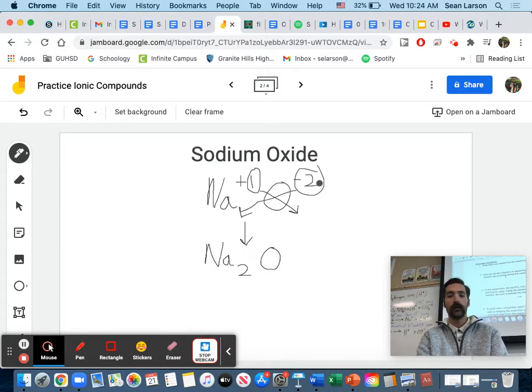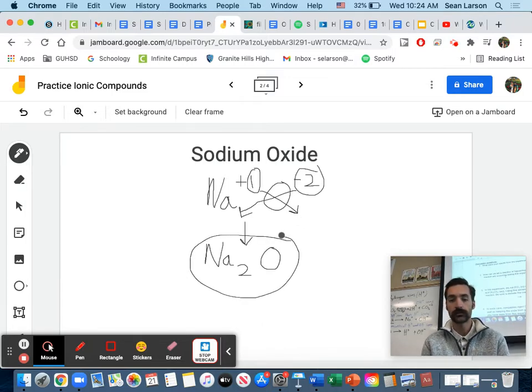Of course, our -2 comes down to sodium, meaning that we need 2 sodiums, and our +1 with sodium comes down to mean that we only need 1 oxygen. So our final compound here is Na2O. So 2 sodiums and a single oxygen.